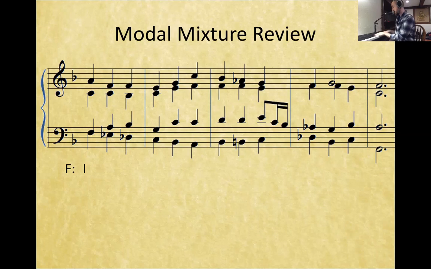And in fact, if you listen to it, it really does sound like a dominant 7th chord, right? So if we stack it, F, A, C, E flat, that's root, 3rd, 5th, 7th, right? So we know it's a dominant 7th chord. Where does it look to be leading?